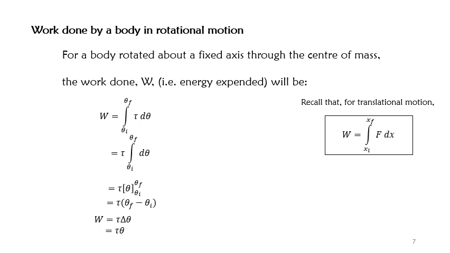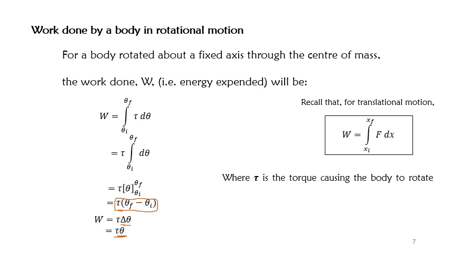The torque tau is a constant, so you bring it out and integrate, and you have the final expression: tau times the change in angular displacement, that is tau (theta subscript F minus theta subscript I), which can also be expressed as tau theta. So that's the work done.